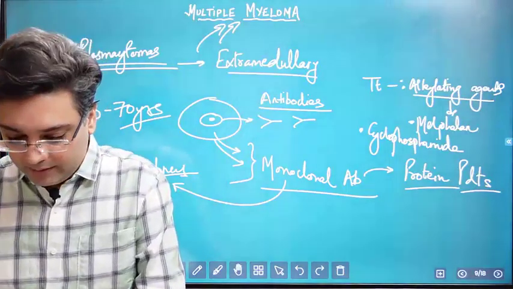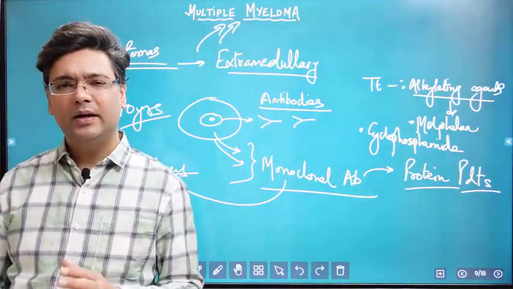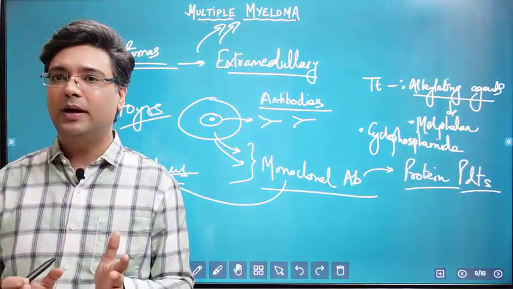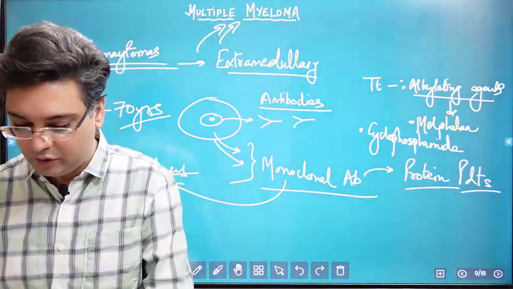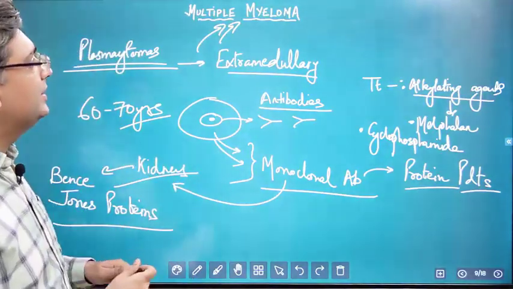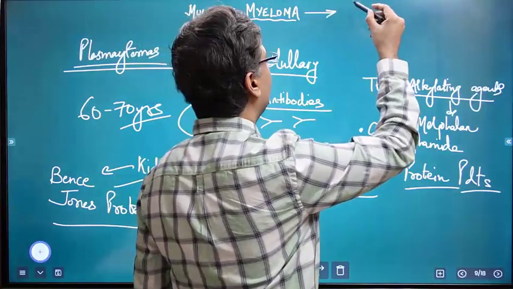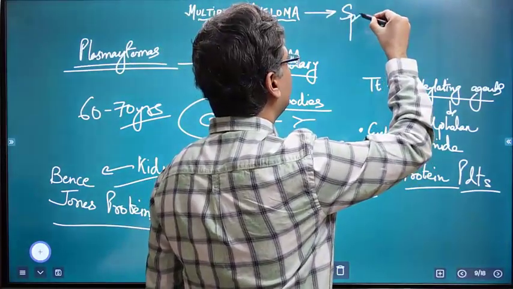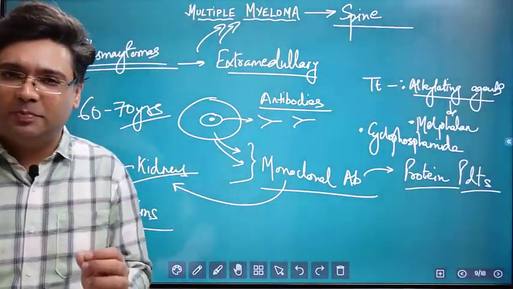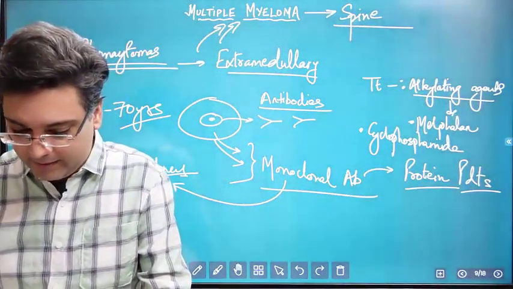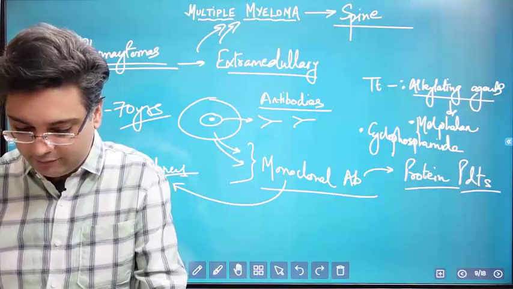So okay, if we talk about multiple myeloma, where is the most common location, or which is the most common bone which is generally affected? The most common site of multiple myeloma is the spine. Yes, so the spine is the most common area where we generally find this.